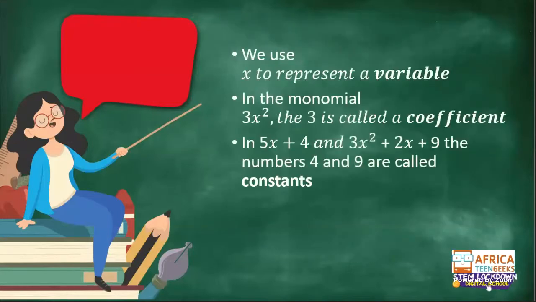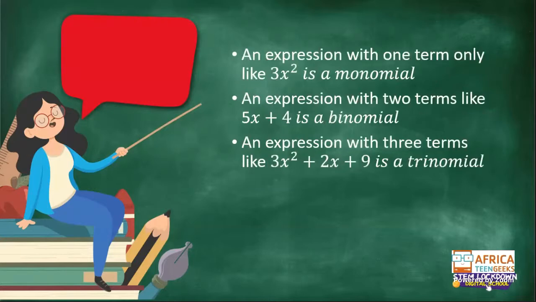We have looked at the monomial, the binomial, as well as the trinomial. And we have defined the constants, the coefficient as well as the variables. Those are some of the most important concepts for today's lesson. We know that a monomial is an expression with only one term.